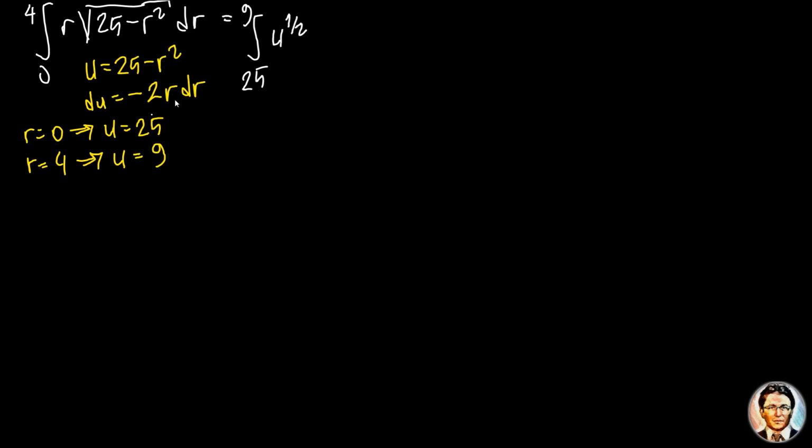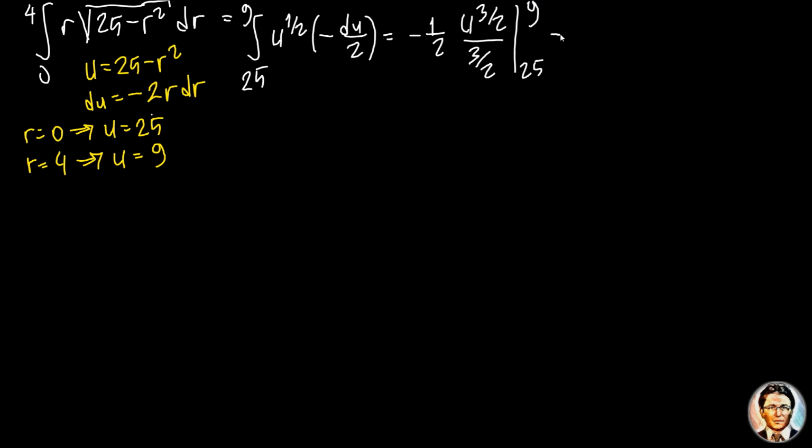Instead of r dr, we may write minus du over 2. So this is minus 1 over 2, u to the 3 over 2 over 3 over 2. You may simplify the 2's: minus 1 over 3, 9 to the 3 over 2 minus 25 to the 3 over 2.